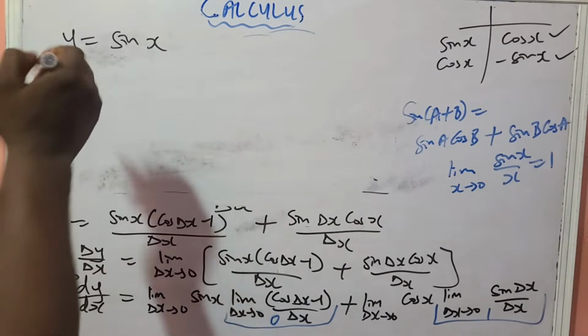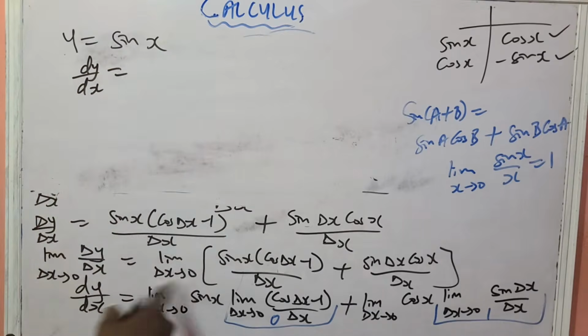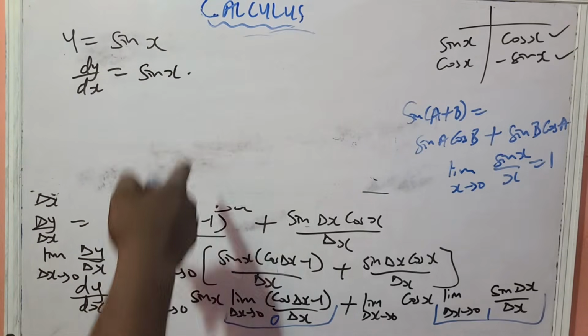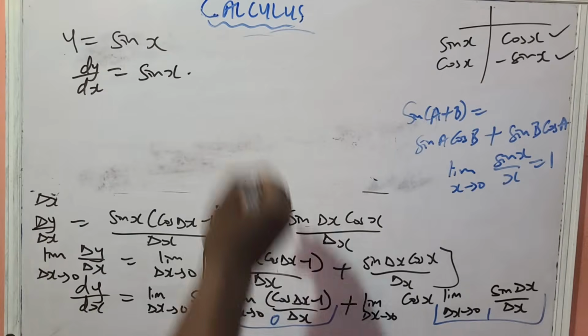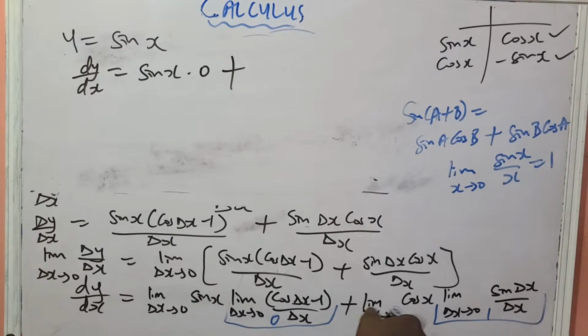So we have dy over dx, which is what we're interested in, equals, I told you already, the limit of a constant because there is no change in x here. So taking the limit of this is going to be the same thing as sine x. So this is still sine x times all these terms to 0 as I explained already, that's times 0, then plus, this is also going to be seen as a constant.